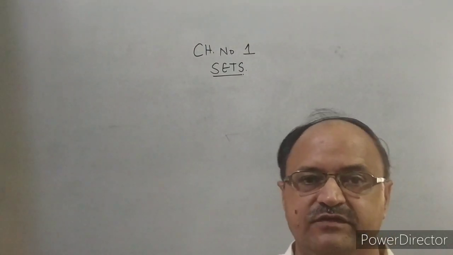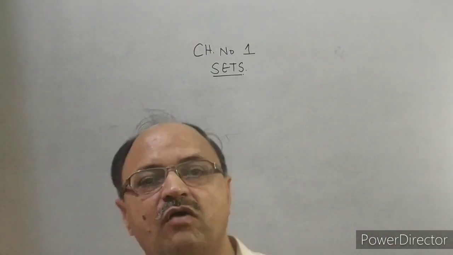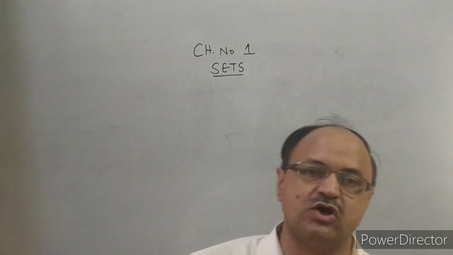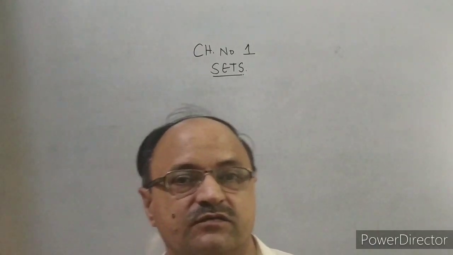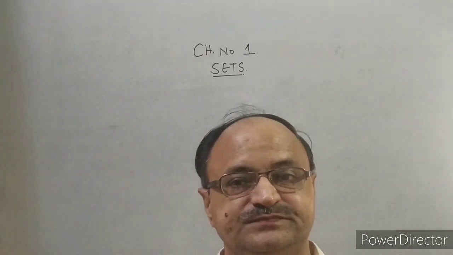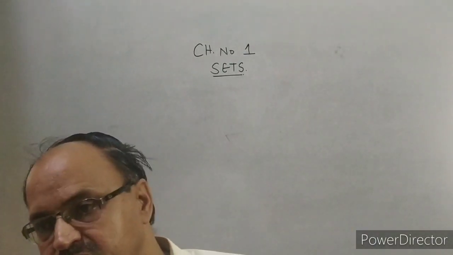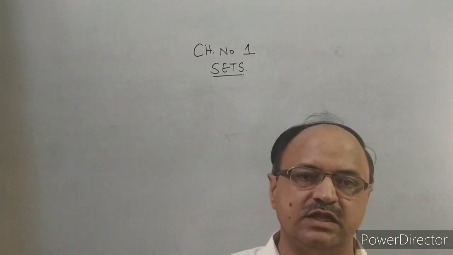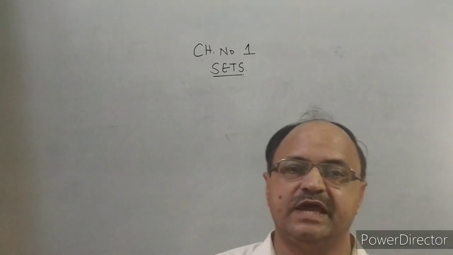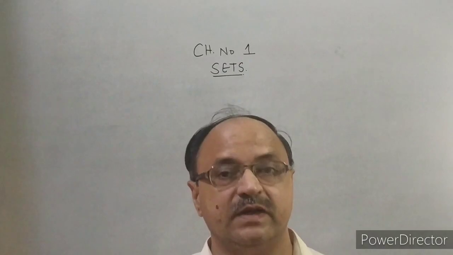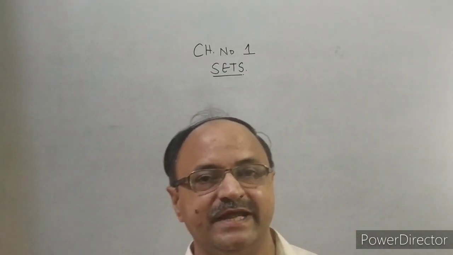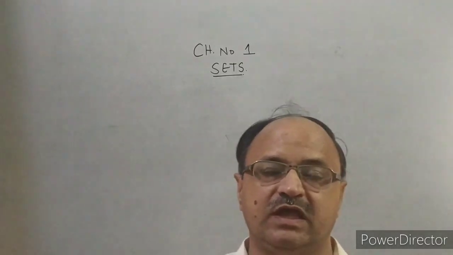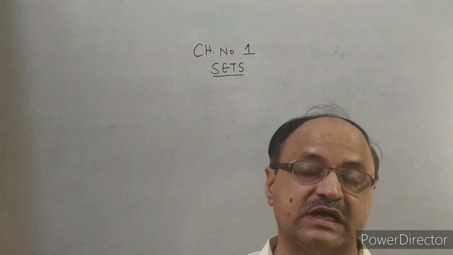In everyday life, we often speak of a collection of objects. For example, a pack of cards, a collection of some material, or a crowd of people, etc. Similarly, in mathematics, we come across collections.